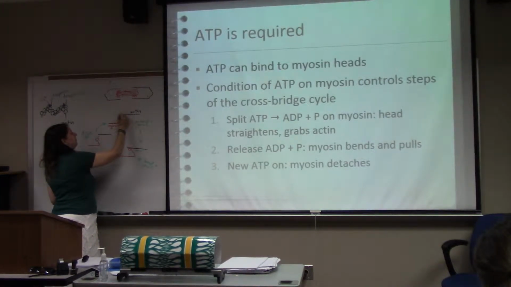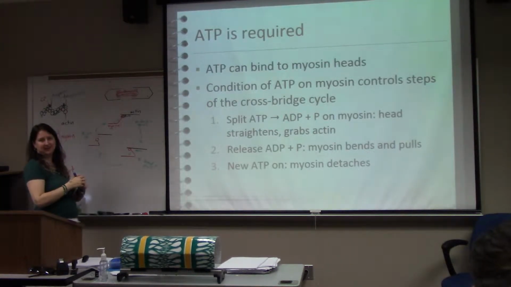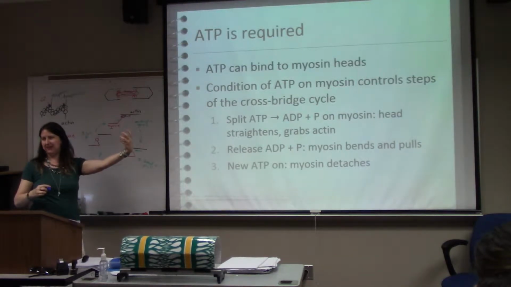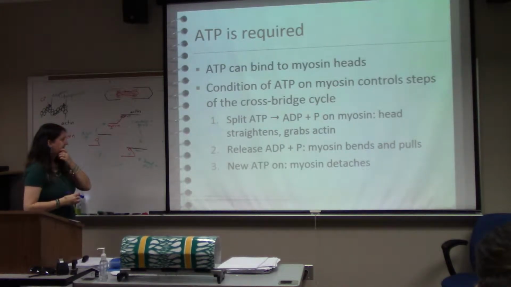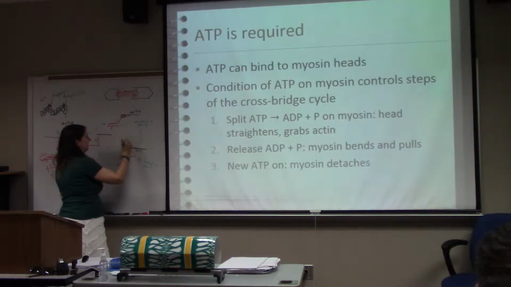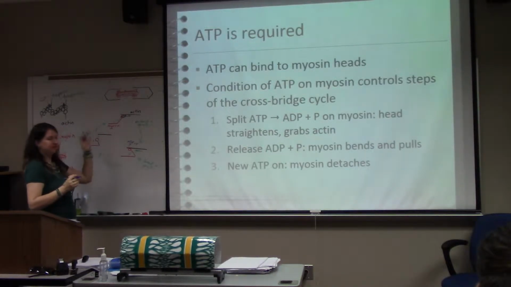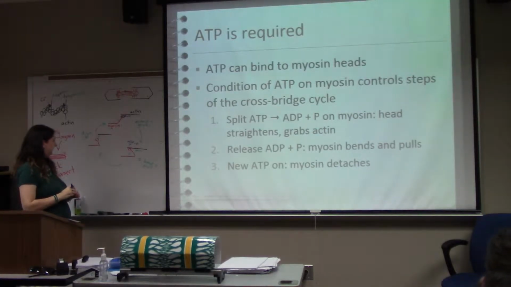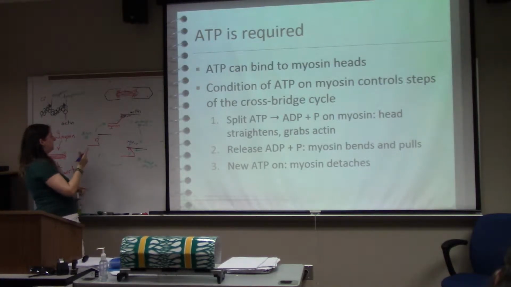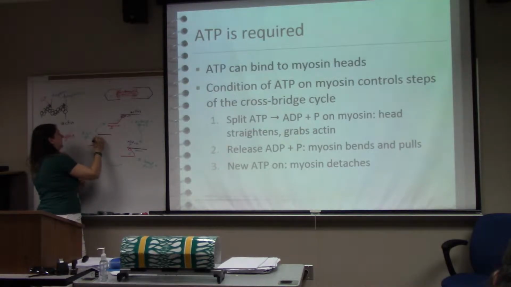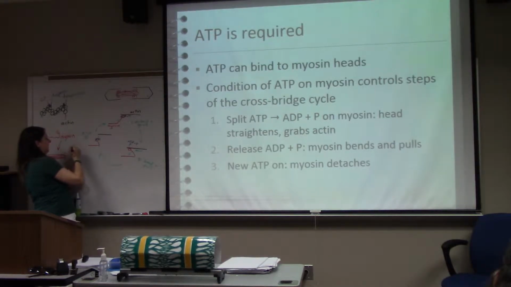It has to split that ATP into ADP plus a separate phosphate in order to extend. Then, in order to pull, it releases the ADP and phosphate that are on it. So they're just out loose. And then to let go, it has to grab a new ATP.